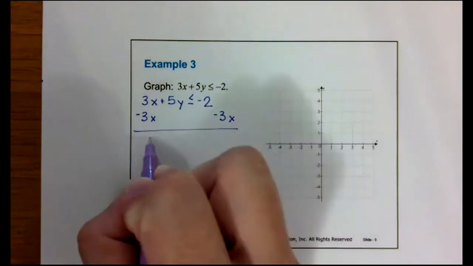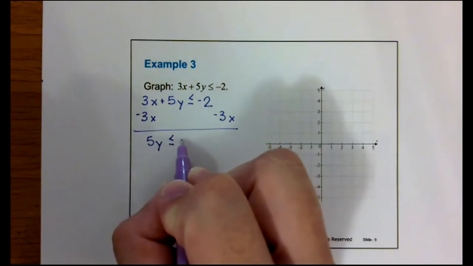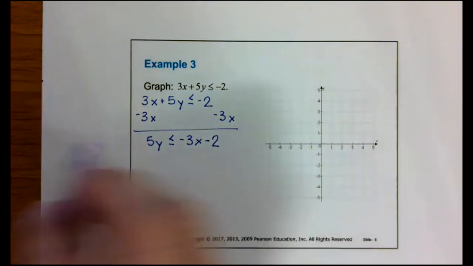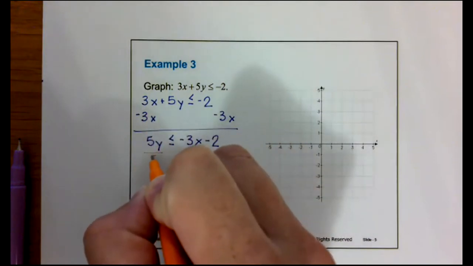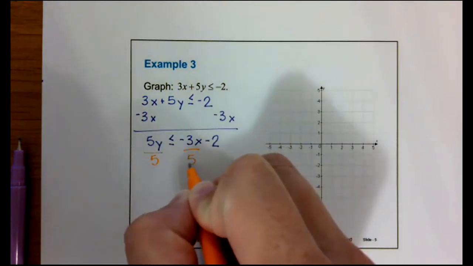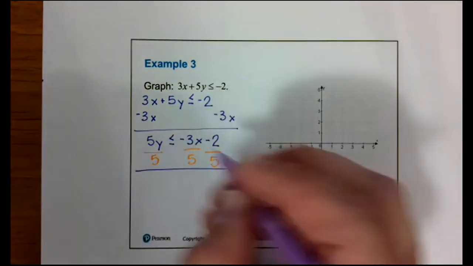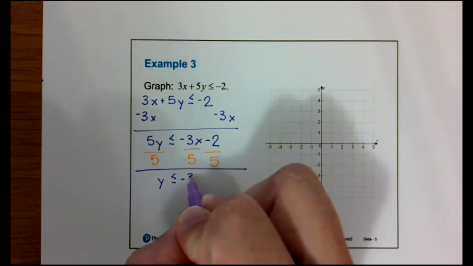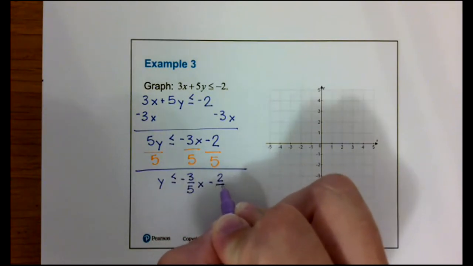And now we have 5y less than or equal to -3x minus 2. I'm going to divide everything by 5. And what we end up with is y is less than or equal to -3/5 x minus 2/5.